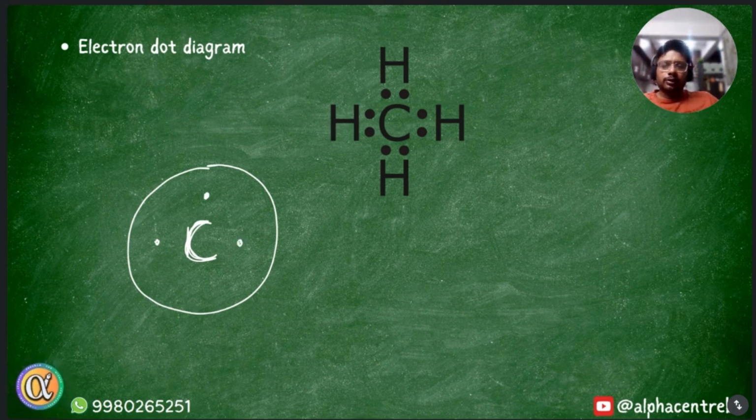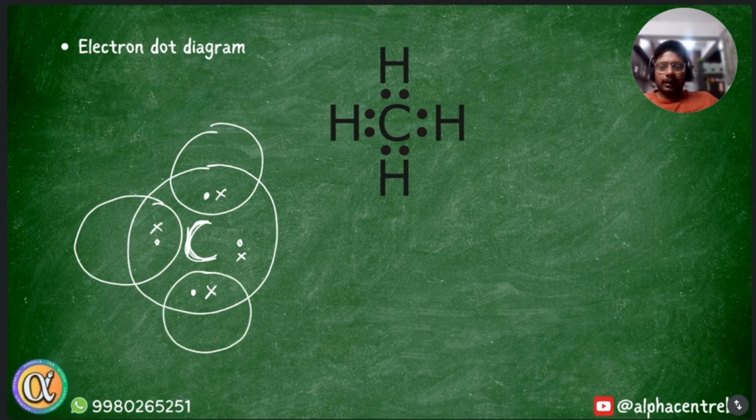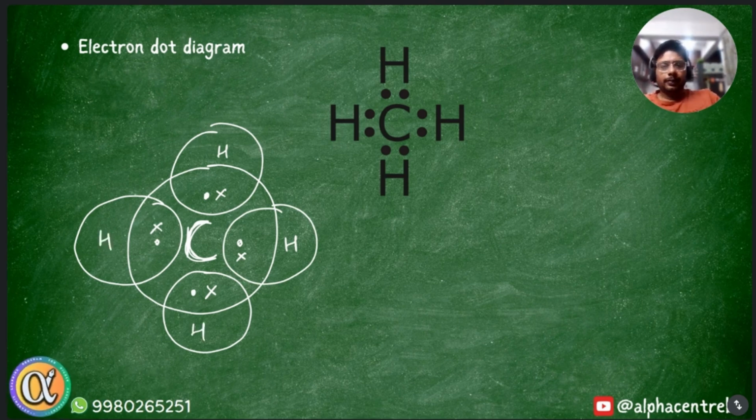Yeah, that's also fine. For hydrogen, I'm showing it as an X here, and carbon with a dot. So this is the structure of the methane molecule. Clear? For the electron dot diagram, either of these is acceptable.